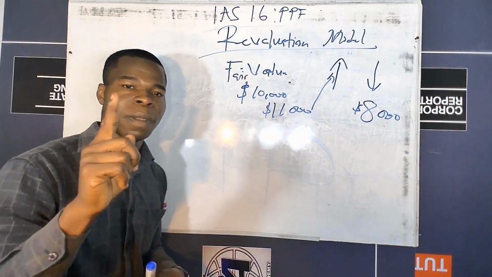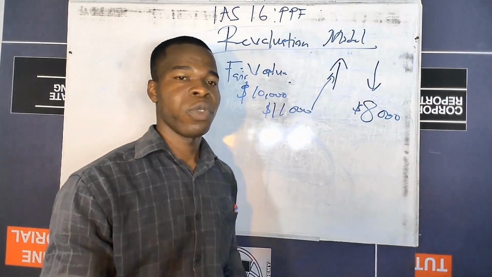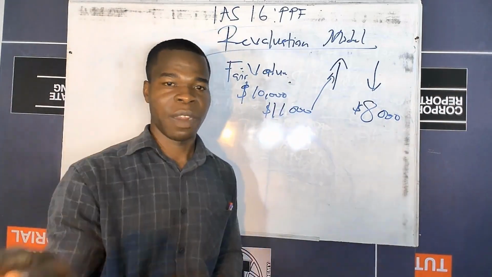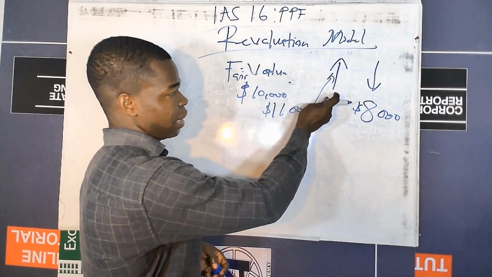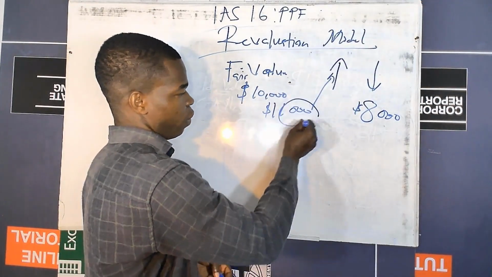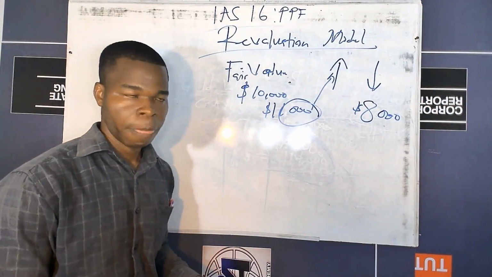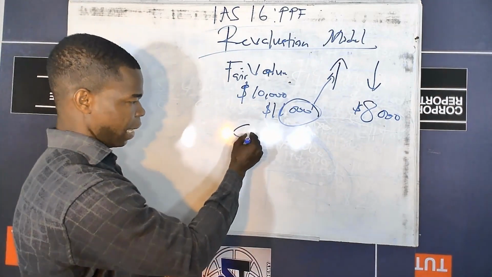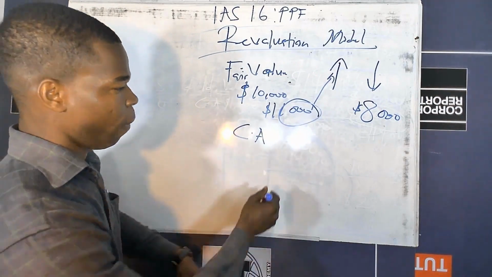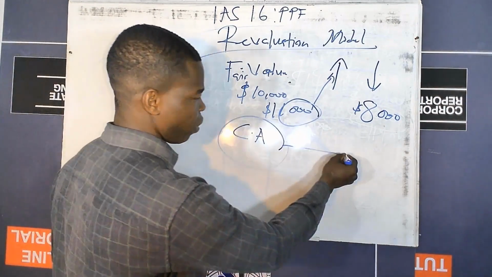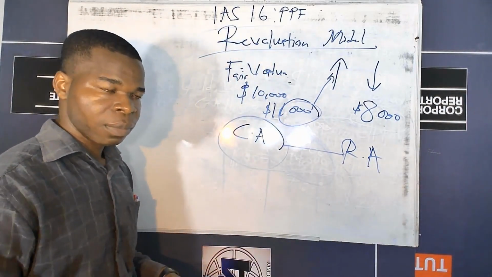Now, anytime the asset is going to be subsequently revalued, before you can check whether there is a revaluation loss or revaluation surplus, when it is upward revalued, you get what we call revaluation surplus, and when it is downward revalued, you get what we call revaluation loss. You have to compare. Always remember, you don't compare the cost of the asset with the revalued figure, but you compare the carrying amount of the asset with the revalued amount.